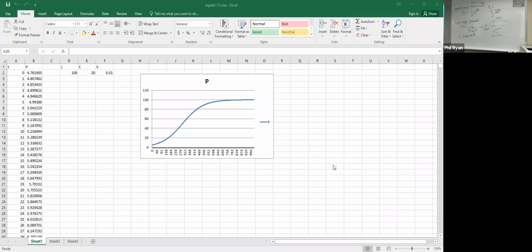One is that L is the saturation, its maximum level, and the inflection point always happens when the population is half the carrying capacity. When the population is below half the carrying capacity, the growth is like exponential. And when it's above half, it's tapering off to that level L. That's really the only thing you need to know about the logistic curve.